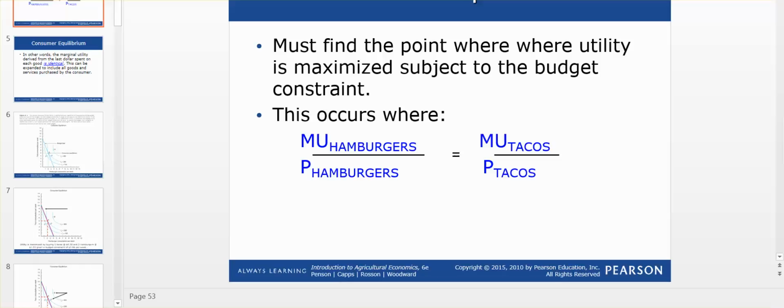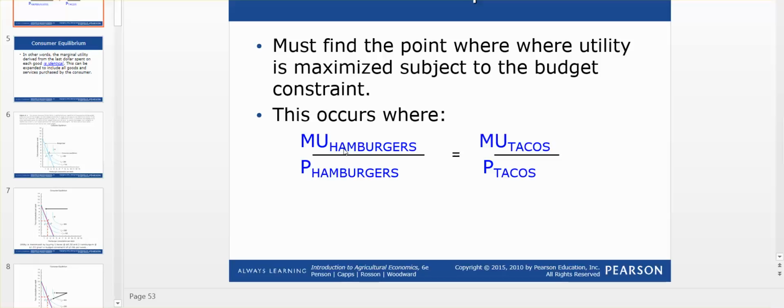So the combination of the 2 products together would maximize our total utility. It may be 3 tacos and 5 hamburgers. When the marginal utility of the hamburger divided by the price of the hamburger equals the marginal utility of the tacos divided by the price of the tacos, that is our equilibrium. That will tell us how many tacos to hamburgers we should buy for our maximum total utility.